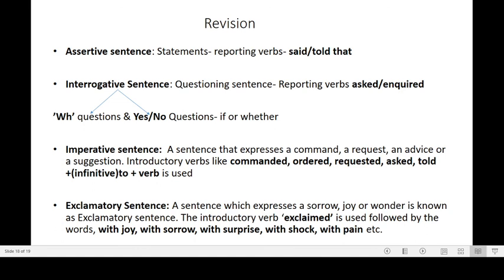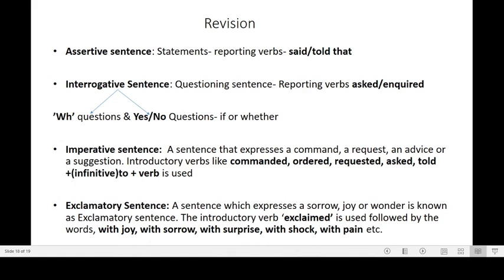We should use "said that" with statements where the statement is not addressed to anyone, but we should use "told me that," or told with a pronoun or noun and that, when the statement is addressed to someone.